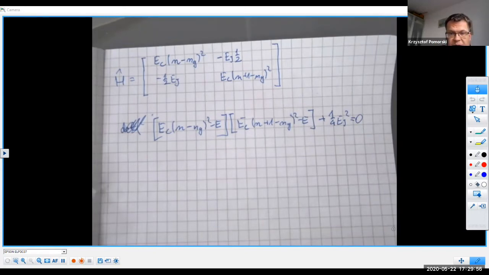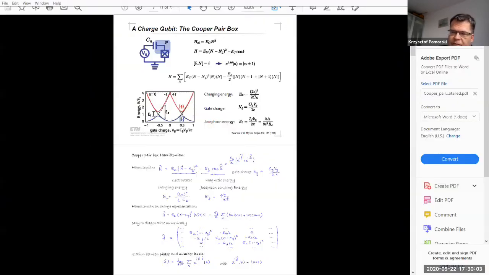Okay. Change screen sharing. Yeah, so this is what we've done so far, such type of analysis. And so we have our Cooper pair box, now our charging energy and energy of the Josephson effect. And this is our Hamiltonian. And then charging energy is parameterized by the charge of a Cooper pair 2e over 2C, some capacitance.